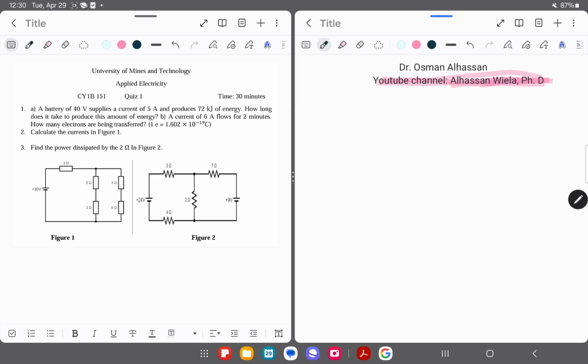Then question 2, you have to find the currents in figure 1. So this is our figure 1 here. Then for figure 2, you have to find the power dissipated by the 2 ohm resistor. You have to find the power.